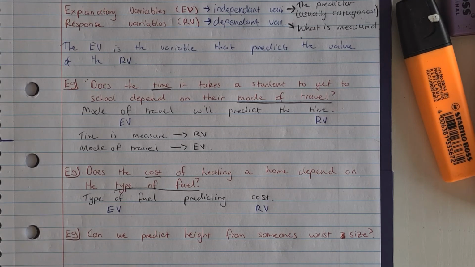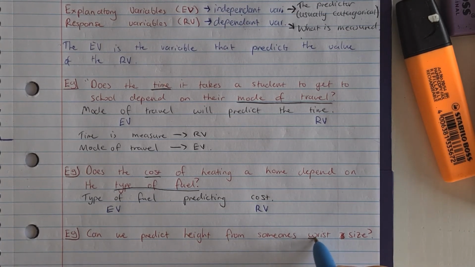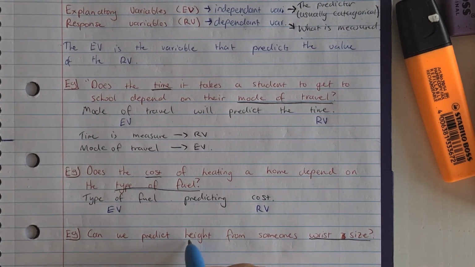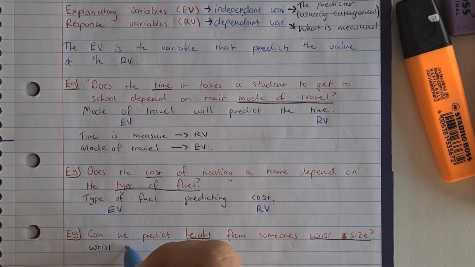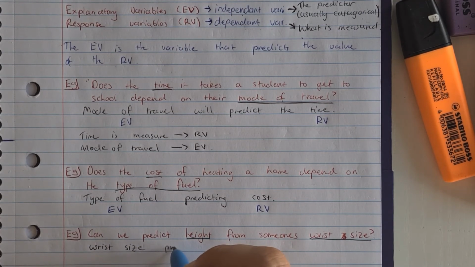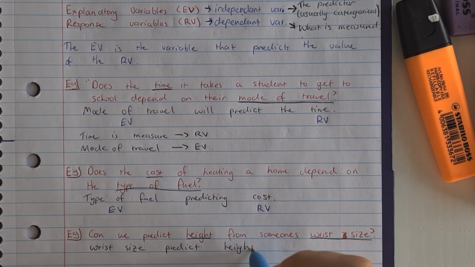Now in this last one, can we predict someone's height from their wrist size? So it's asking, will someone's wrist size predict their height? That's the way the question is worded.